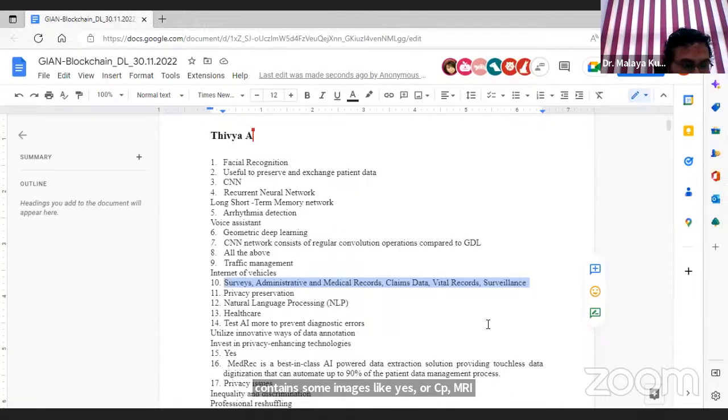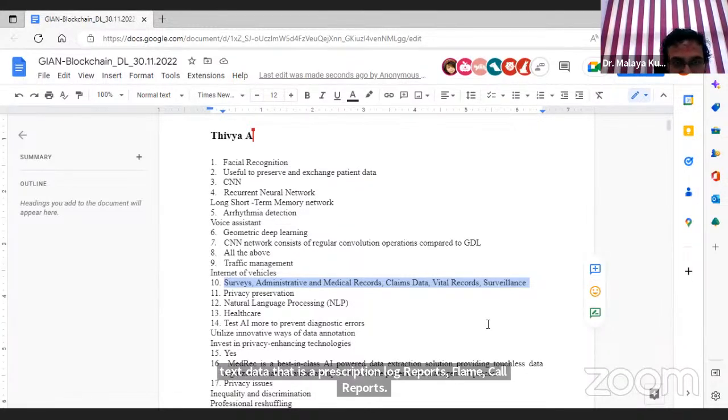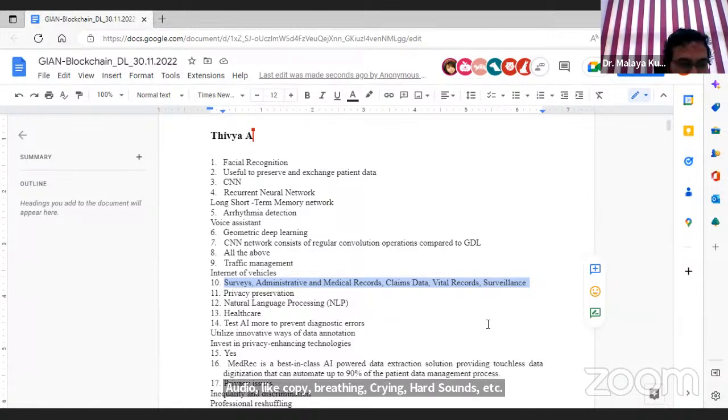Text data, that is prescriptions, lab reports, clinical reports, etc. Audio like coughing, breathing, crying, heart sounds, etc. And there are some other signals also, that is ECG, EEG, which are biosignals. These are the different types of data that are used in electronic health records. So the question, what are the types of data? Yeah, surveys, administrative medical records, claims data. Yes, we can also say vital records, surveillance.